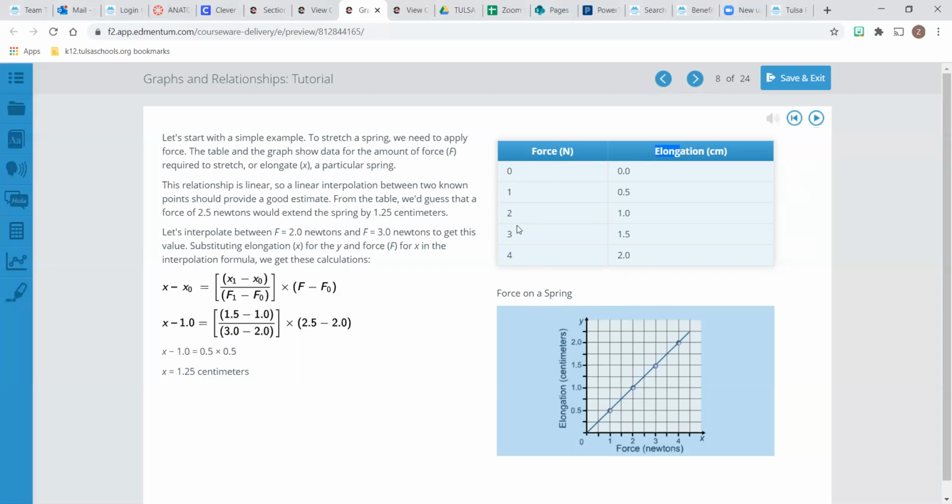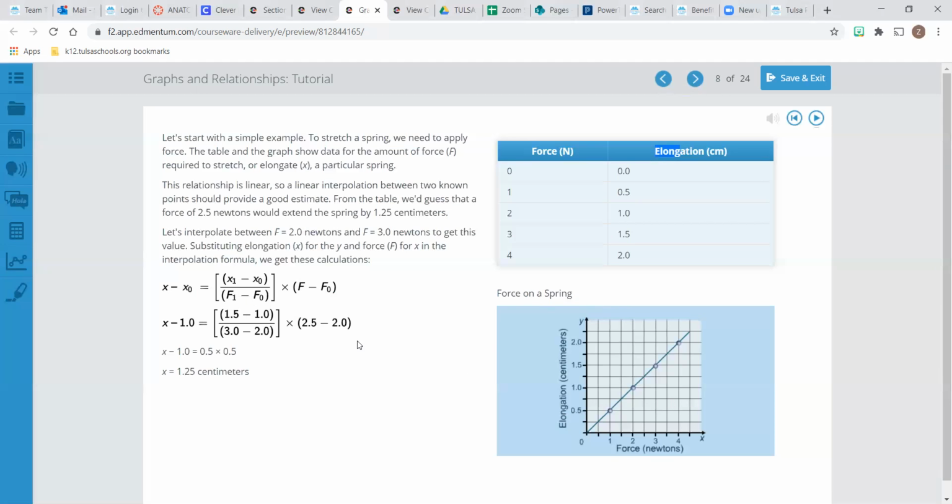So 2.5 is between 2 and 3. If the force is 2.5, you just plug in the numbers you already know. So we're looking for x. We subtract x naught.